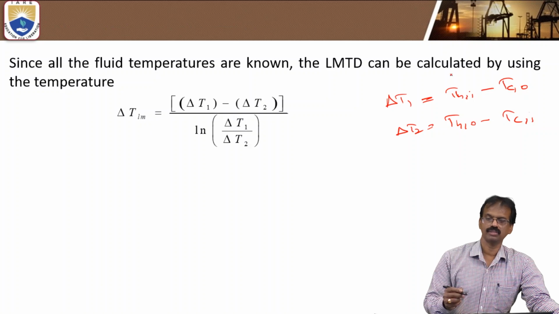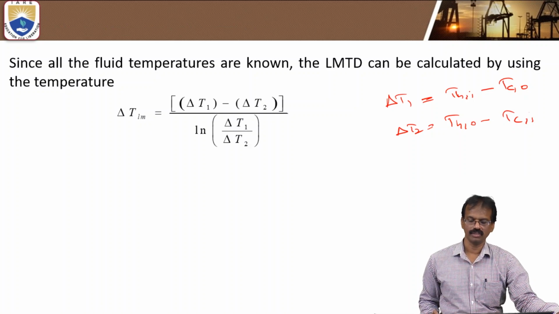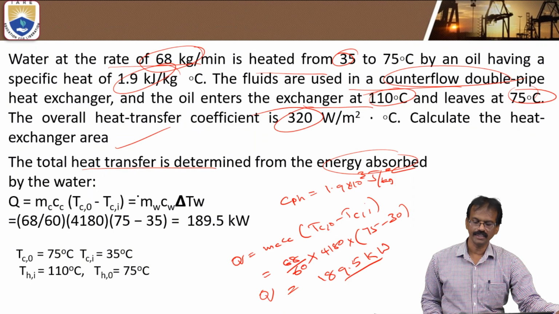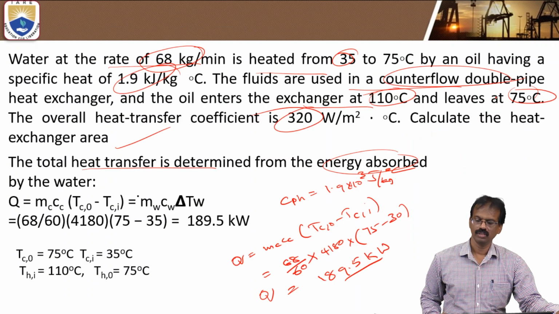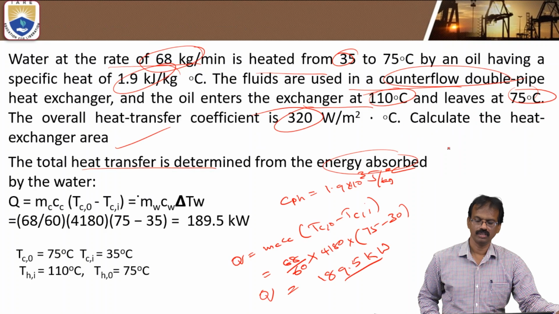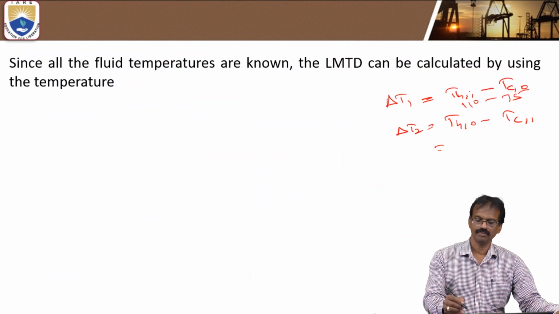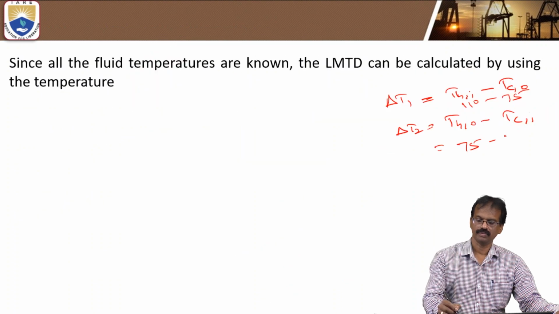These temperatures have been given, so you can substitute those values in this formula. ΔT1 is 110 minus Tc out, that is 75, so 35. ΔT2 is Th out 75 minus Tc in 35, so this is 40.